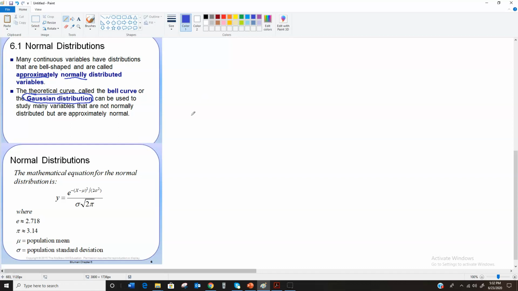So if we think about things in the real world that would be approximately normal, say sunflowers, because they can grow kind of tall. Say you're looking at just wild sunflowers and you're trying to figure out the height of the average sunflower, and what would be the likelihood that it would be a certain height given the average.